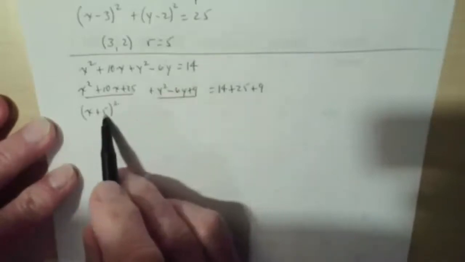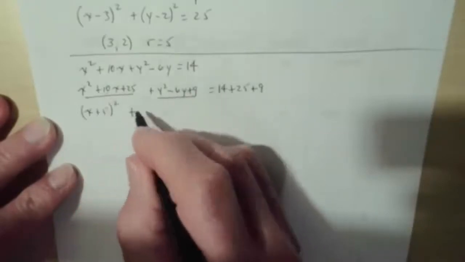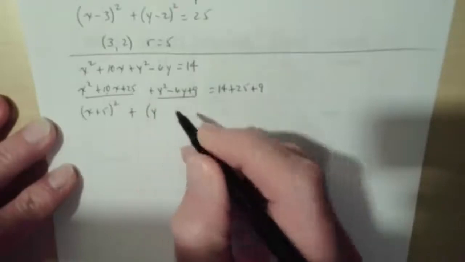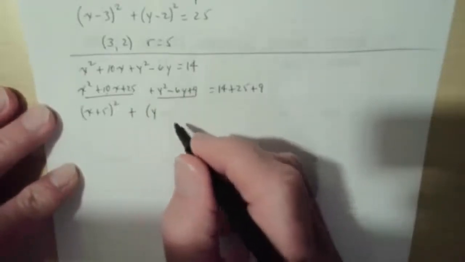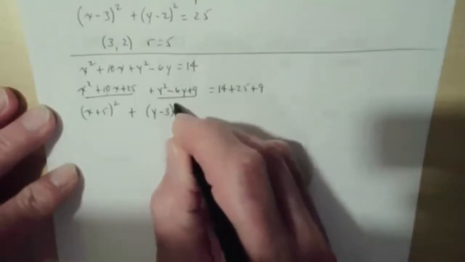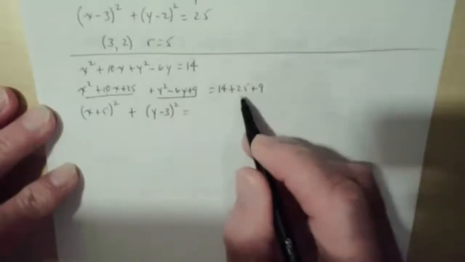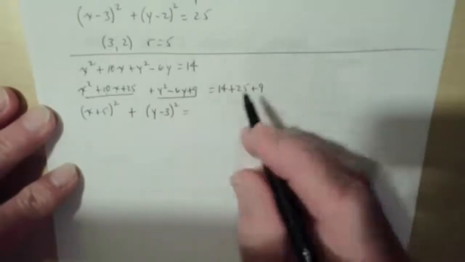If you're not sure about what this number is, it's always going to be half of the linear term here. Plus y, what is it? Plus minus 3, all squared, equals 39 plus 9, 48, I think.